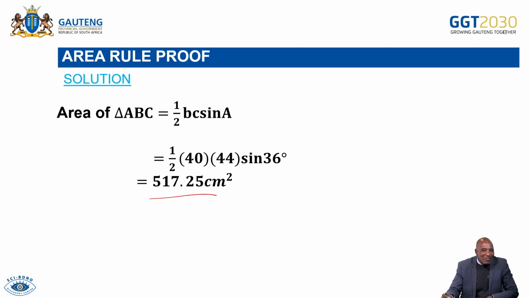I don't need the base with this area rule. All I need are two sides and an angle between those two sides. I will identify which sides are involved, then I come up with my formula depending on the diagram. Okay, that's how you apply the area rule.